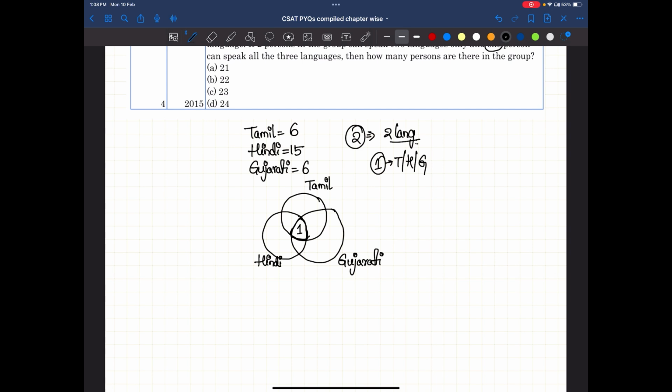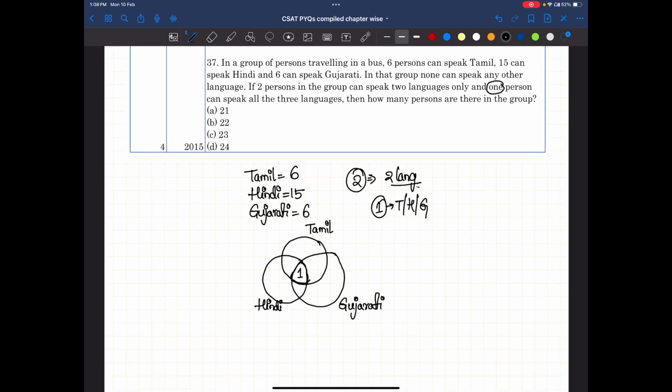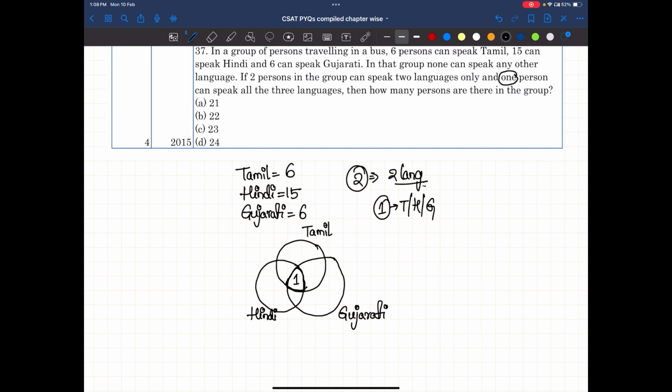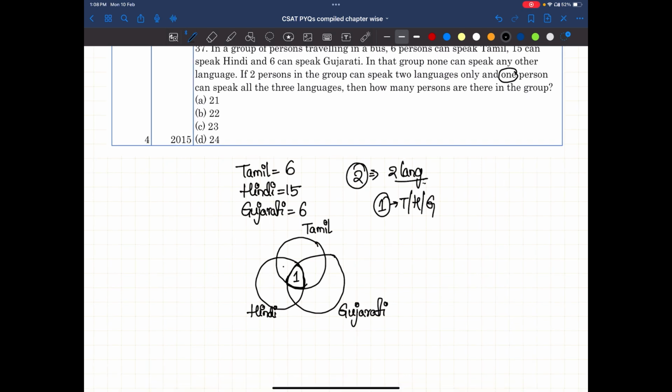Now there are only 2 other persons who can speak 2 languages. See here, if 2 persons in the group can speak 2 languages only, these are the parts, this shaded part, I'll highlight it here.